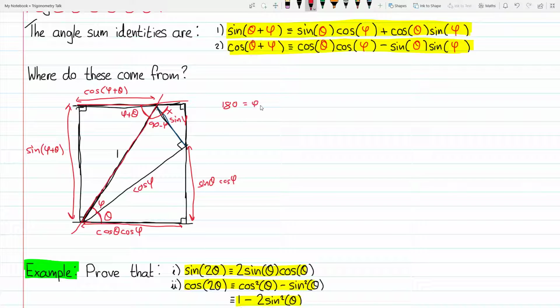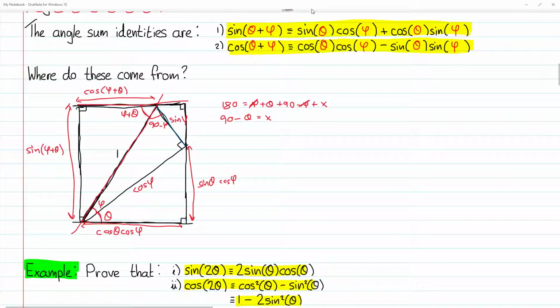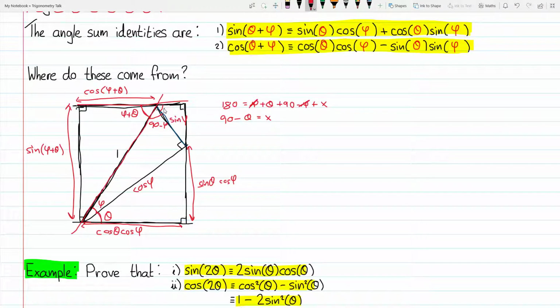That's going to equal phi plus theta plus 90 minus phi, and then plus x. We'll notice how these two phi's cancel, and so if we subtract 90 from both sides, we get 90 minus theta equals x. So this angle here, which we called x, is precisely 90 minus theta.